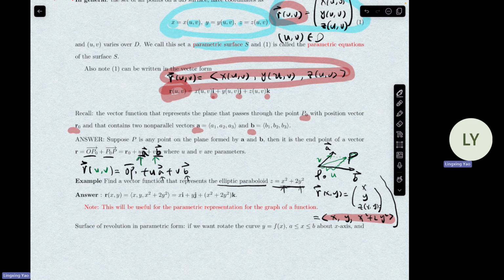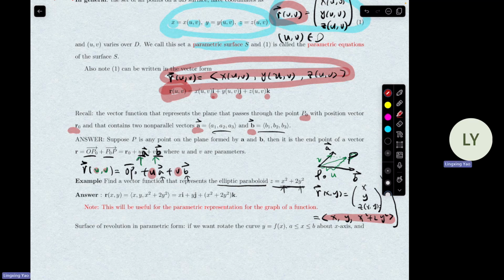And after these A and B vectors are given here, they are fixed, and the only free parameters we can change will be u and v here. Okay, so there are other surfaces you can represent in this way.